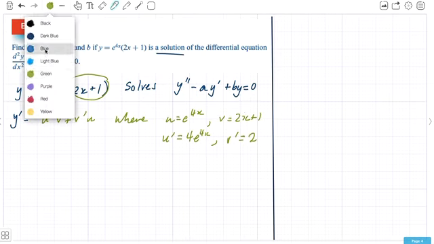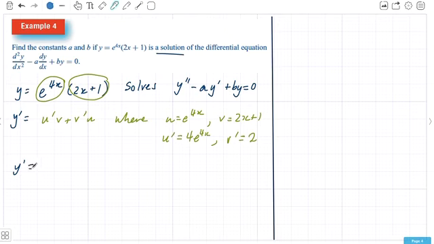So our first derivative, y' = u'v + v'u. So it would be 4e^(4x) outside of (2x + 1), plus 2e^(4x). Now with something like this, it's a good idea to take e^(4x) out as a common factor, because it is common in both terms.